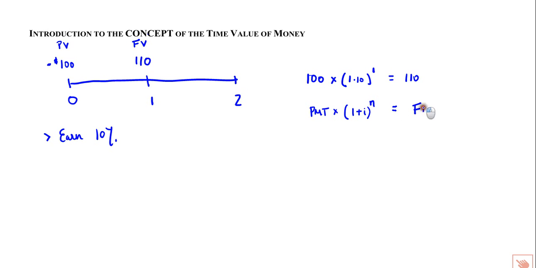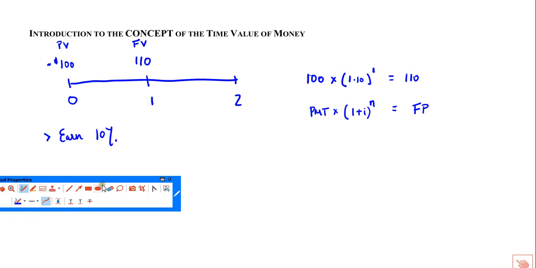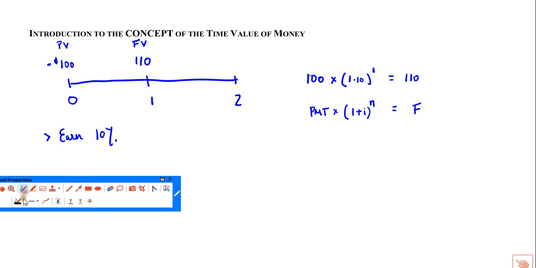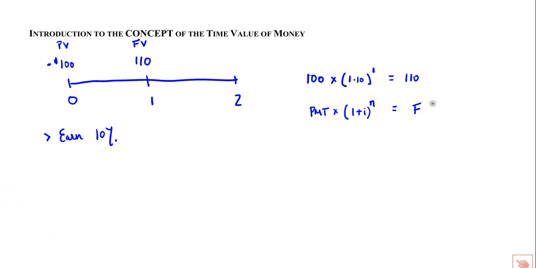This equals the future value. Okay. And I guess it's probably better to call this thing the present value.